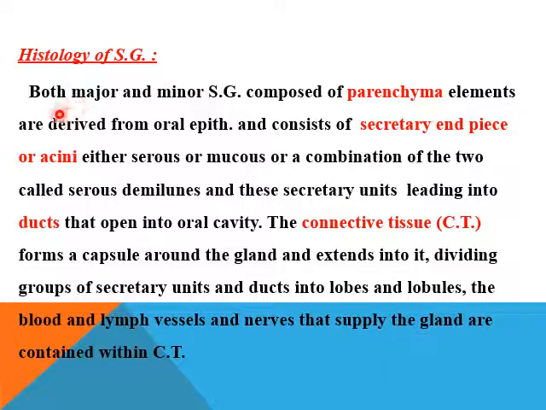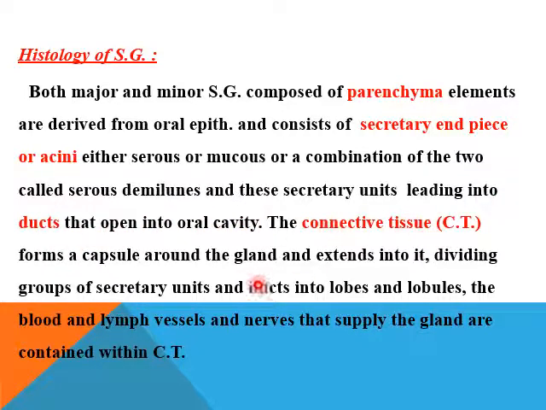Histology of salivary gland. Both major and minor salivary glands are composed of parenchyma, as we said, derived from oral epithelium and consisting of secretory epithelium or acini, either serous or mucous or a combination of both, which is called serous demilune. This secretory unit leads into a duct that opens into the oral cavity.